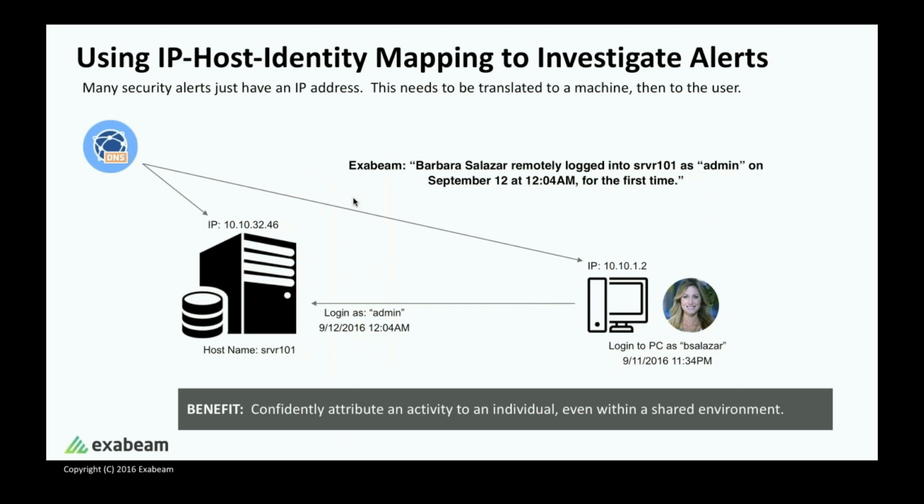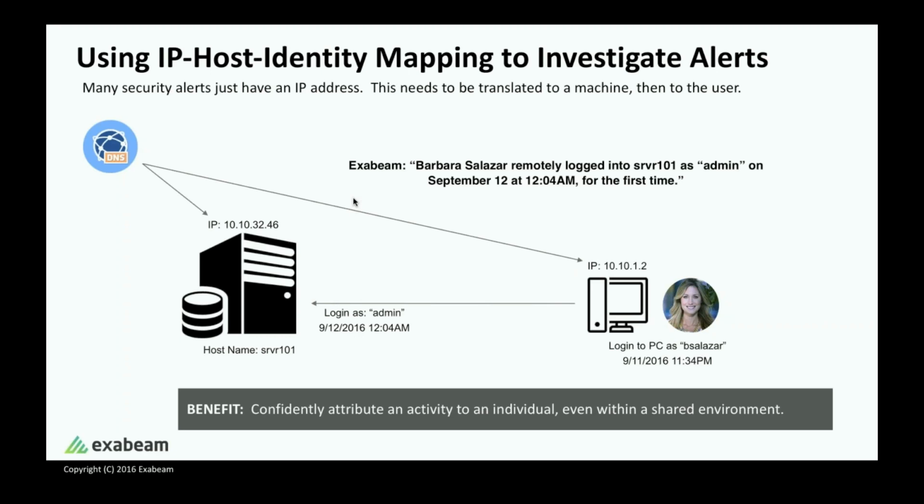And we know, for example, that Barbara logged into her PC as B. Salazar. She got this IP address, 10.10.1.2. She remotely logged in using an admin account to this other server 101, which has a different IP address, and she did some activity. Exabeam is unique among the UBA products to be able to tie this together and positively state that Barbara Salazar remotely logged in to server 101 as an admin on this particular date at this time, and this is the first time she's ever done it.